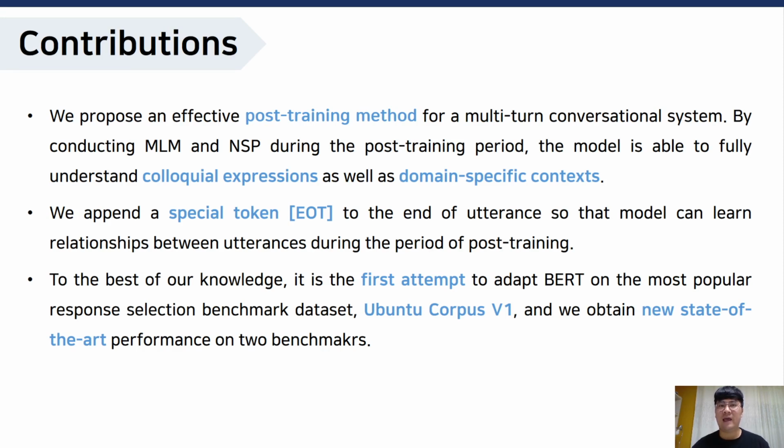We also append a new special token, EOT, which is the end-of-turn token, to the end of each utterance so that the model can learn relationships between utterances during post-training. To the best of our knowledge, it is the first attempt to adapt BERT on the most popular response selection benchmark dataset, Ubuntu Corpus version 1, and we also obtain new state-of-the-art performance on two benchmarks, which are the Ubuntu Corpus and the Advising Corpus.